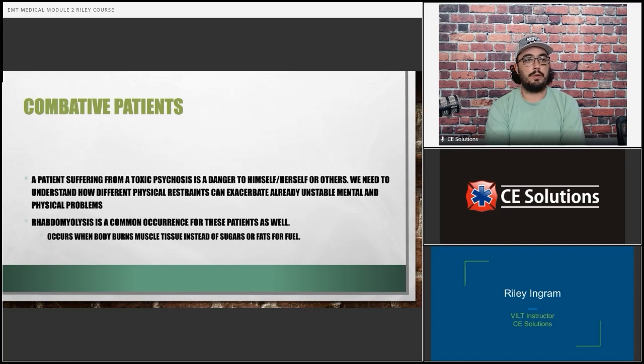We're going to need to understand how different physical restraints can exacerbate already unstable mental and physical problems. You've got to know how to play the game, if you will. If you know that they're right on the cusp, and any type of physical altercation, anytime you touch them, get close to them, get in their bubble, it sets them off, we're probably going to try to refrain as much as possible from 4-point restraints and being up close and personal.